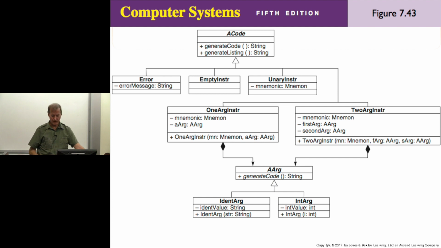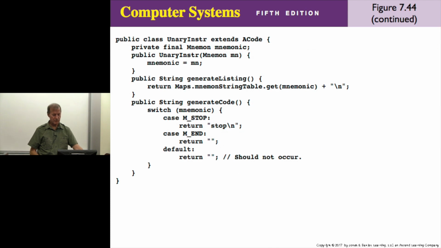Yeah. Okay, and then we saw also that in figure 7.44, each one of these concrete codes, for example, this unary instruction: class unary instruction extends abstract code, and it has a mnemonic as an attribute.